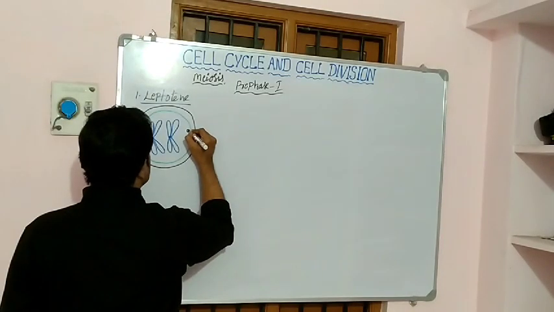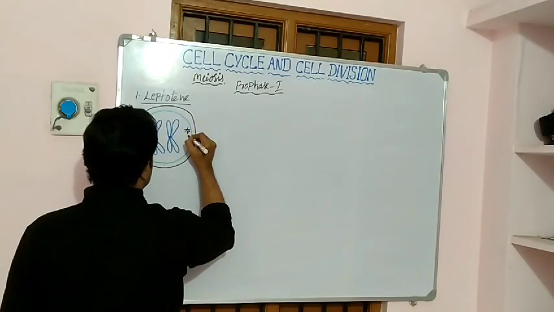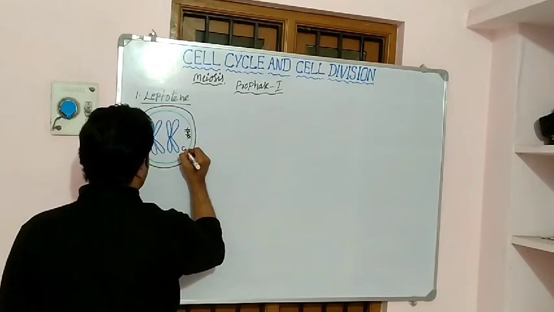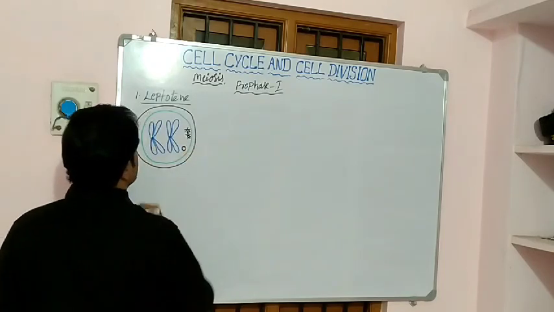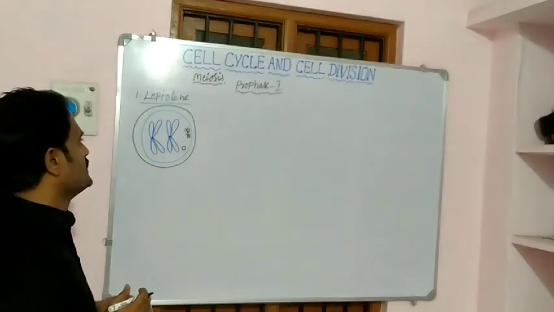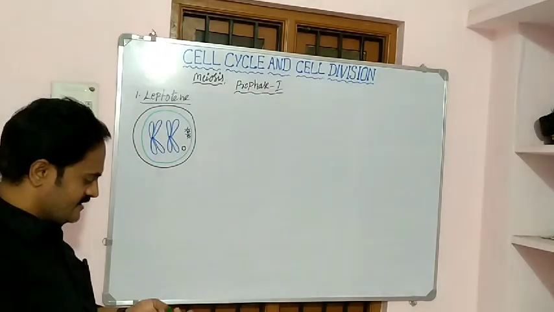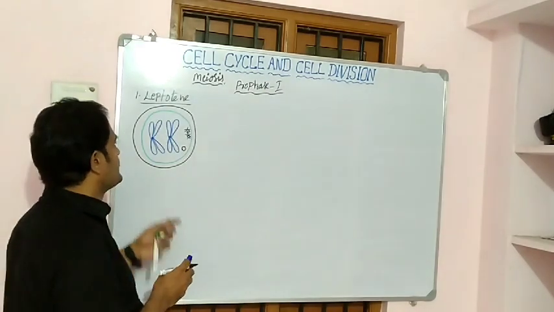Centrioles are also present here, and here a spherical, ball-like arrangement. This is called the nucleolus. See what parts we are taking which are required for cell division.